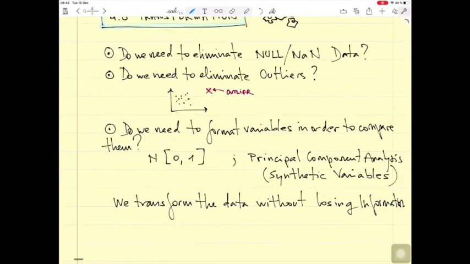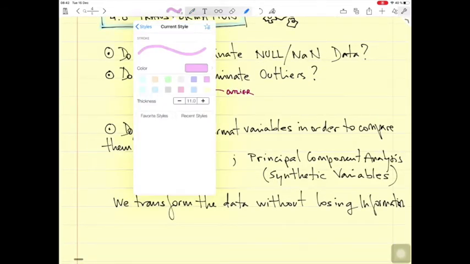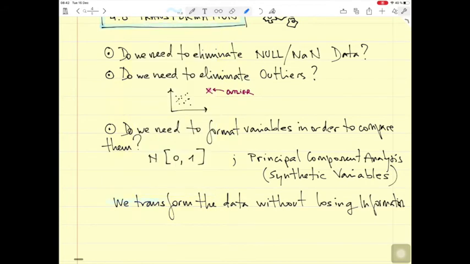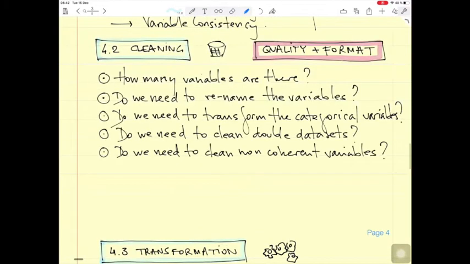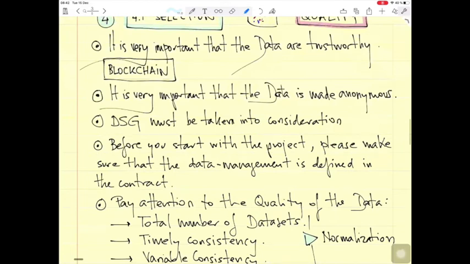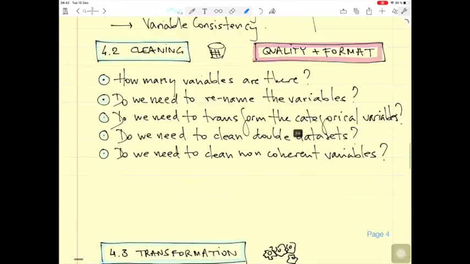Okay. Because if we transform the data, its computation is easier or more effective. Okay, any questions so far?